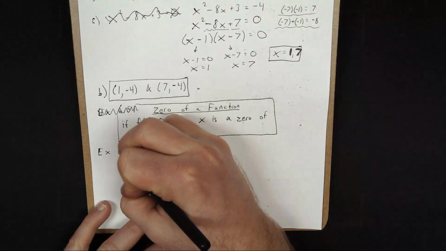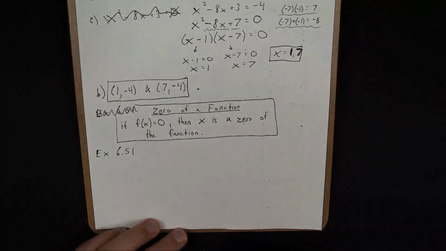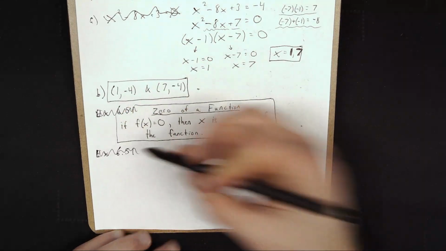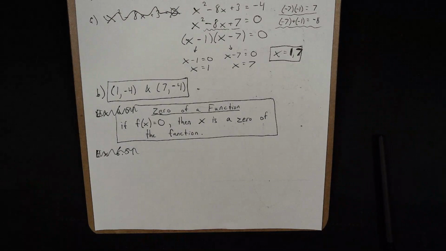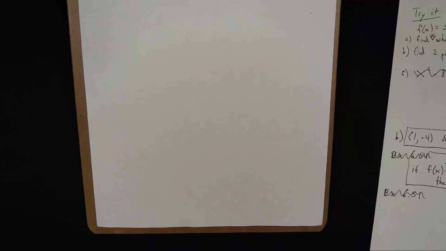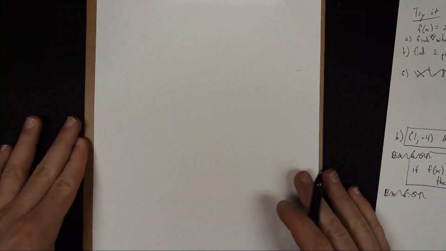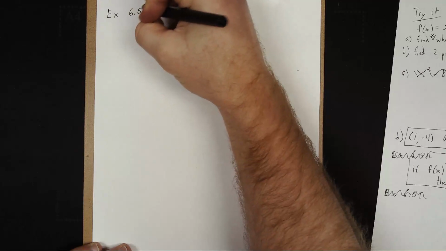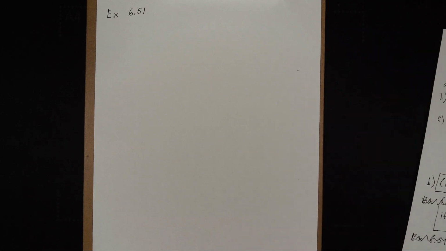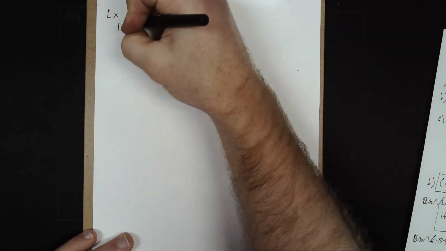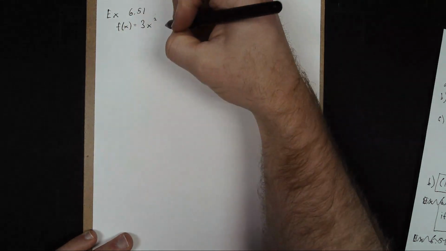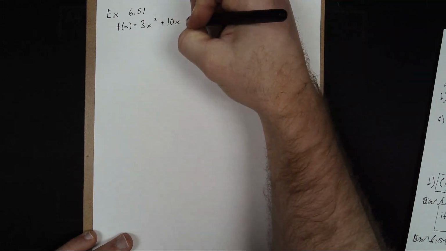Example 651. And let's just do this on a new page. Okay, here we go. Example 651. And what is it? Well, here's our function. f of x is equal to 3x squared plus 10x minus 8.